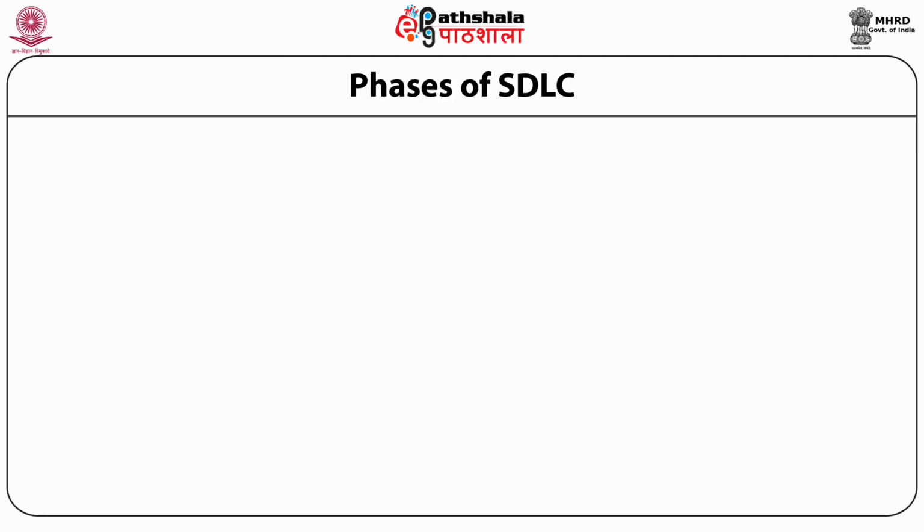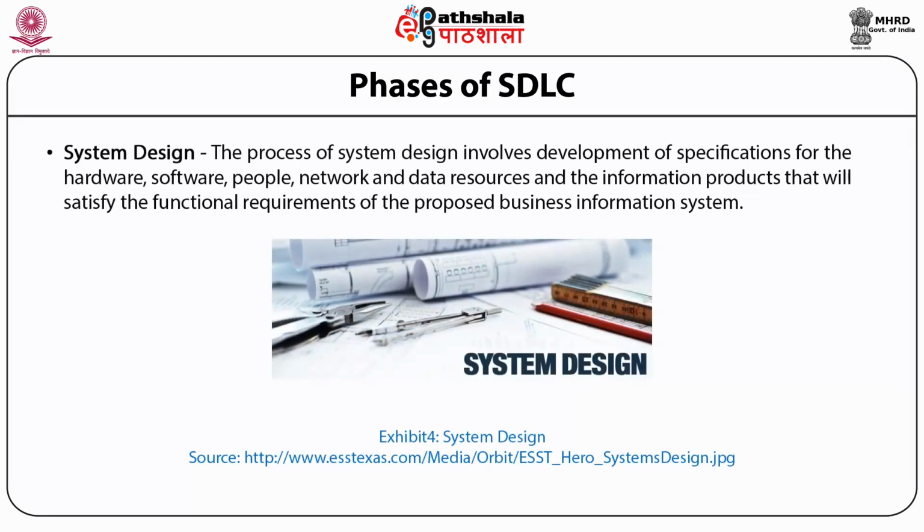The third phase refers to system design. The process of system design involves development of specifications for the hardware, the software, people, network and data resources, and the information products that will satisfy the functional requirements of the proposed business information systems.